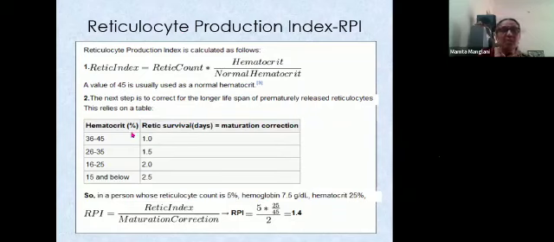Now, the next step is to look at the hematocrit, and there is a maturation correction factor, which you have to apply to the retic index to get the retic production index.